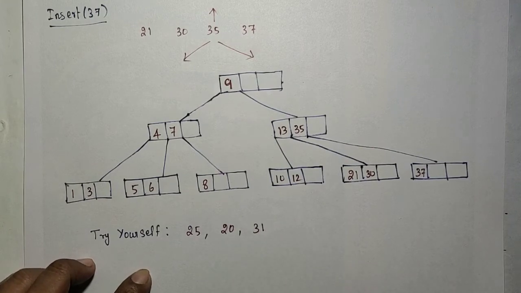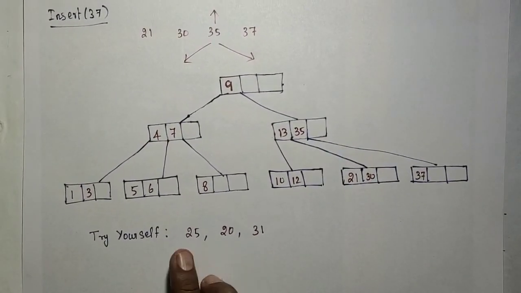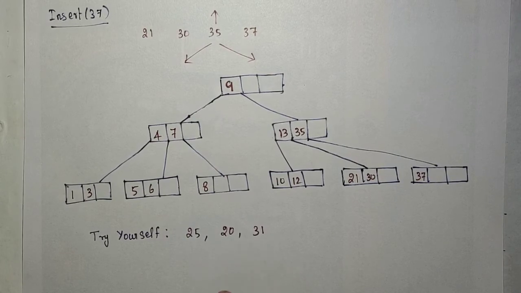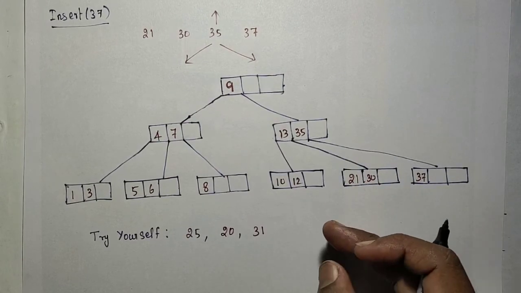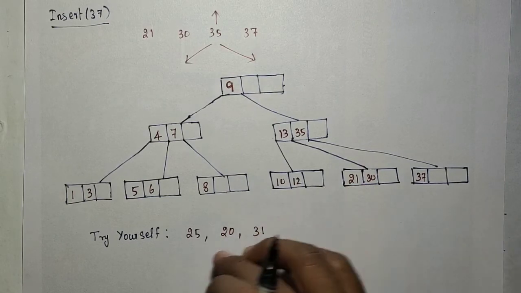Okay, so 25, 20 and 31, try this. What is the space for inserting these new elements? If you insert, how will the structure get modified in that B tree? Try it yourself.